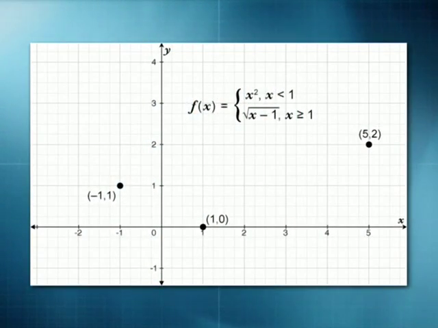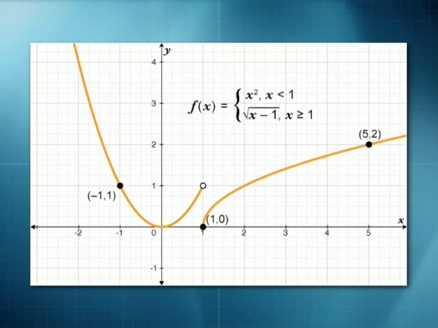So, how would you graph this function? You would take these points and maybe a few more, plot them in the XY coordinate system, and try to figure out what it looks like. But you can kind of see what's going to happen. For x less than 1, this looks like a parabola x squared, cut off, of course, at 1.